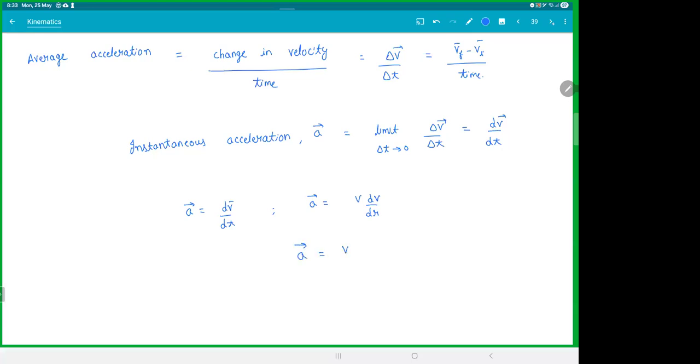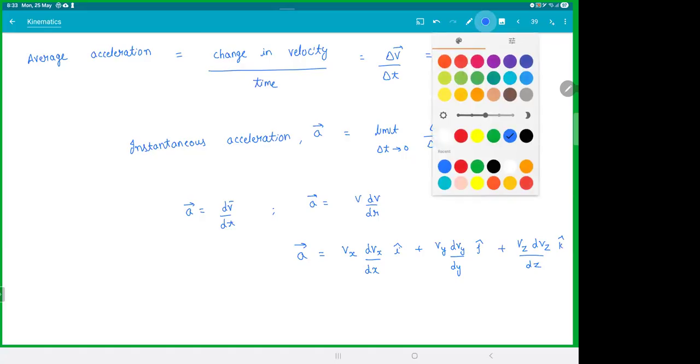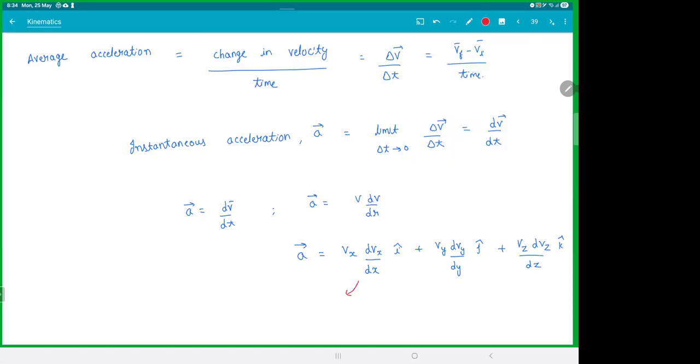So a bar is given by vx dvx by dx, where vx is the velocity in x direction. If you differentiate, vy dvy by dy is your acceleration in j cap, and vz dvz by dz. Each component here, this term gives you ax, which is acceleration along the x-axis.